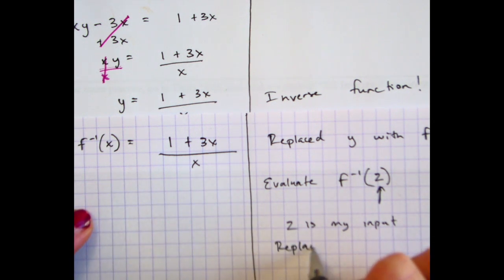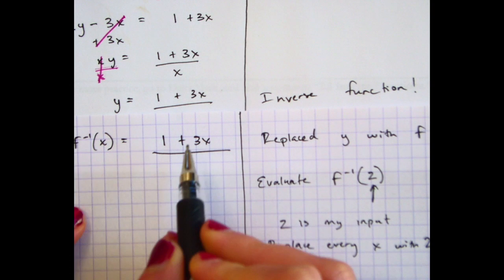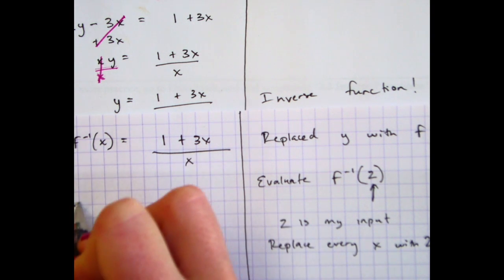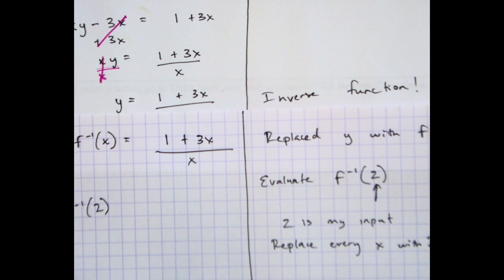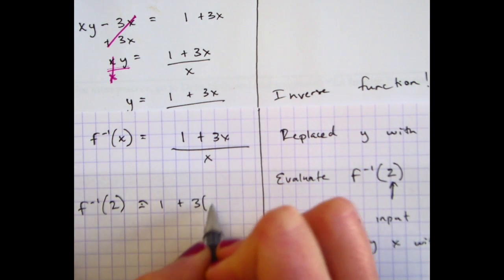So to evaluate the inverse function at the input of 2, I'm going to get 1 plus 3 times 2 all over 2. Let's simplify that. 1 plus 6 over 2.